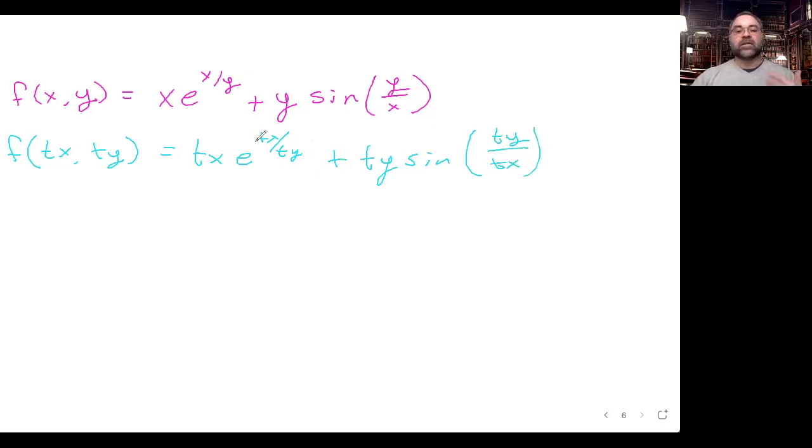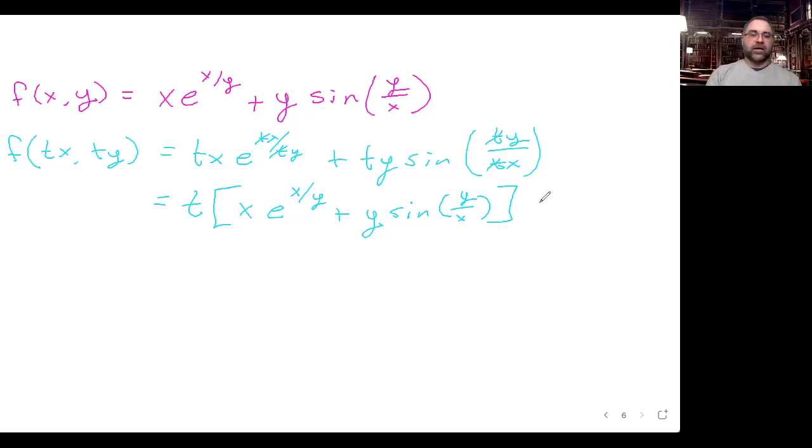In these fractions, like the e's power, the t's are just going to cancel out. Inside the sine function, the t's cancel out too. And there's a common factor of t in both of these. So we get x e to the x over y plus y sine of y over x, which of course is f of x, y. So the answer is yes, that function is a homogeneous function of degree 1.